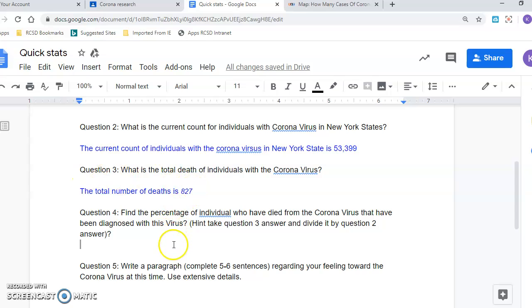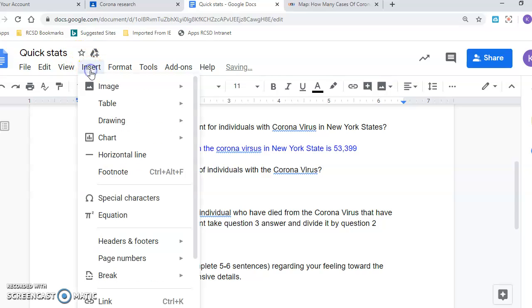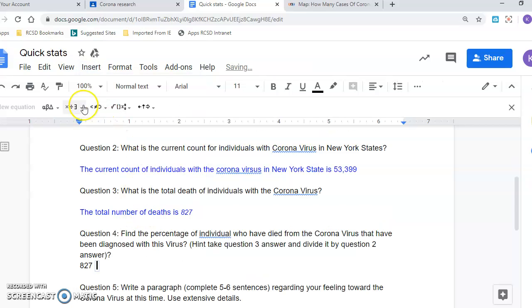I'm going to take my 827 and divide by, or if you want a trick, insert equation, and then I can pick the divide symbol. Divide by question 2, 53,399.